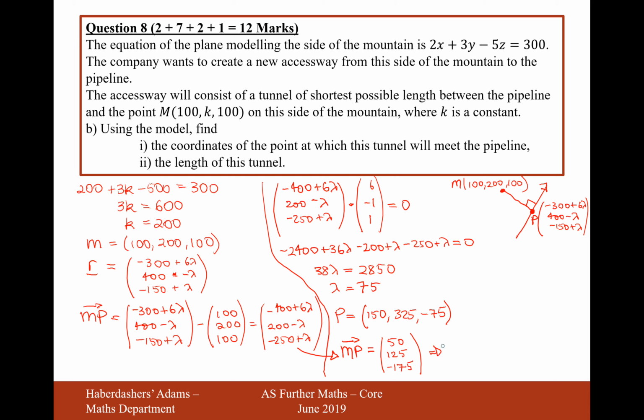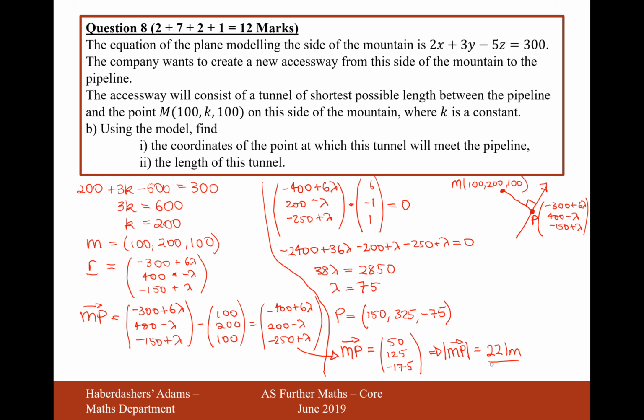So let's now work out the magnitude of this, MP. So it's a Pythagoras calculation now. I'm not going to write it down because I think I'll run out of space then. 50 squared plus 125 squared plus 175 squared equals 28 root 75, or 221 meters if we round to the nearest meter.